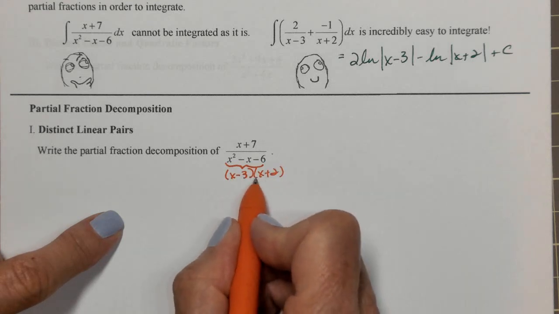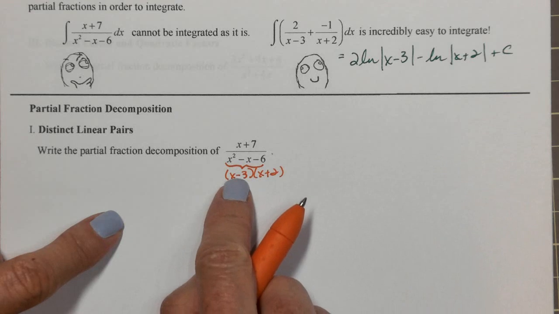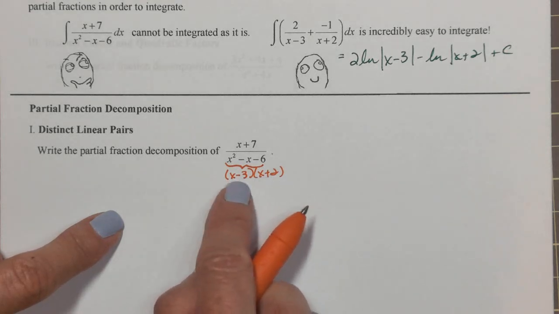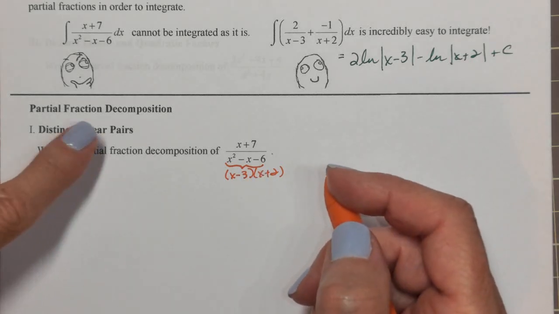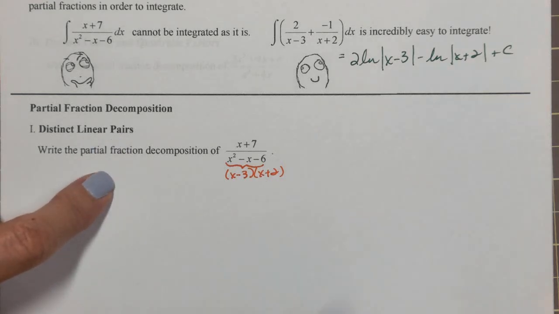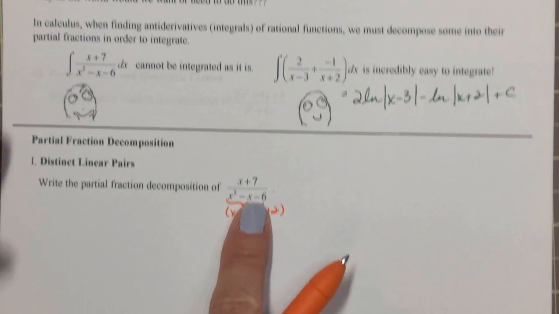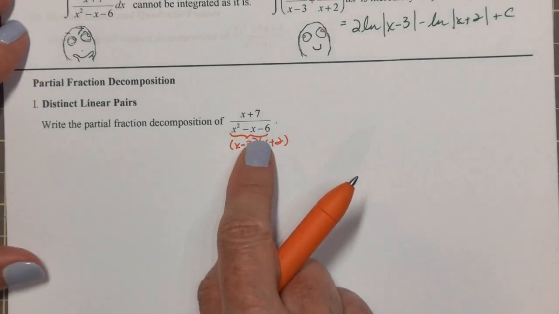Those are distinct, meaning they're not repeated, and they are linear, meaning each has degree 1. All right, distinct linear factors. So that's the first situation, and we already know this is the same one that we had up here, so we already know what the answer is going to be, but let's see how we would get there.